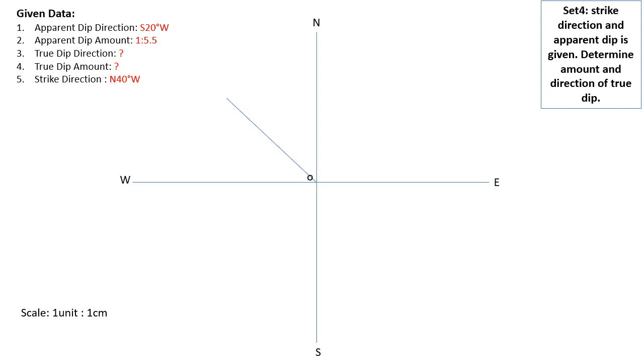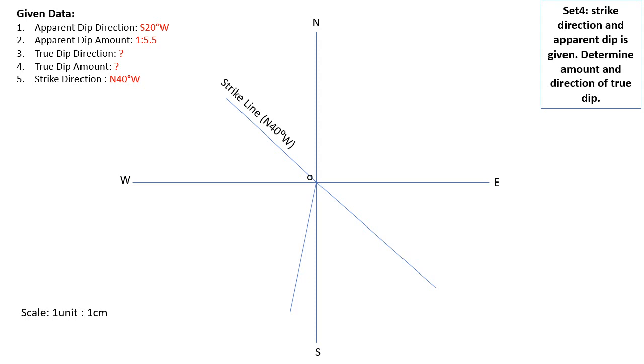So first I'll draw north 40° west, that is nothing but the strike line. You can extend the line. Then we will mark the apparent depth direction, that is south 20° west. And what is the amount given on that? It is 1:5.5. So when you measure the angle, you have to be careful.